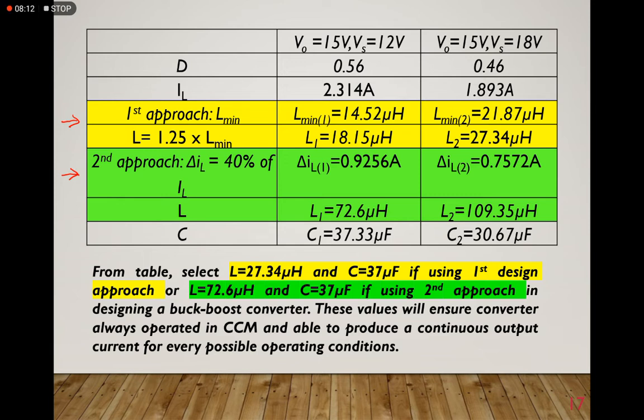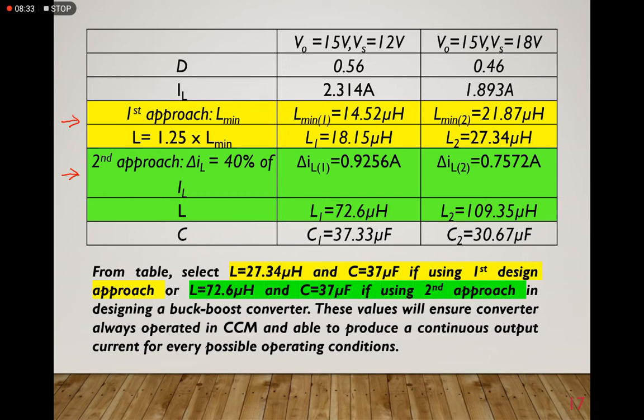If you are using the second approach, select a bit lower L, but make sure it is greater than L min. So L will be 72.6 microhenry and C is 37 microfarad.